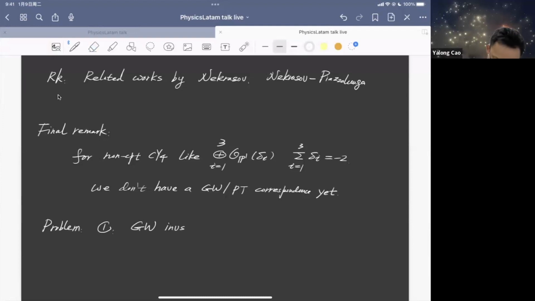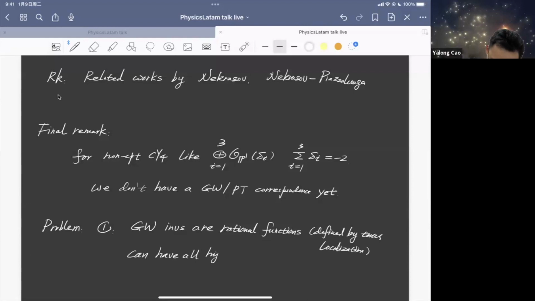Then Gopakumar-Vafa invariants are rational functions defined by torus localization. Potentially they can also have all homogeneous invariants, because you no longer have a constraint from virtual dimension.